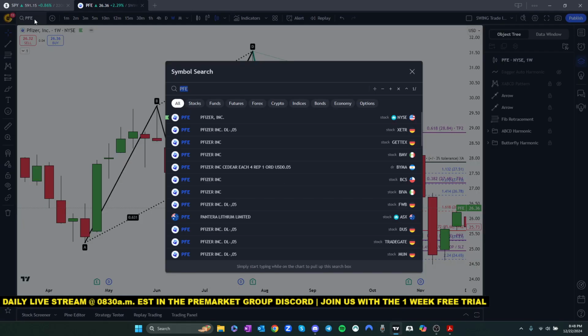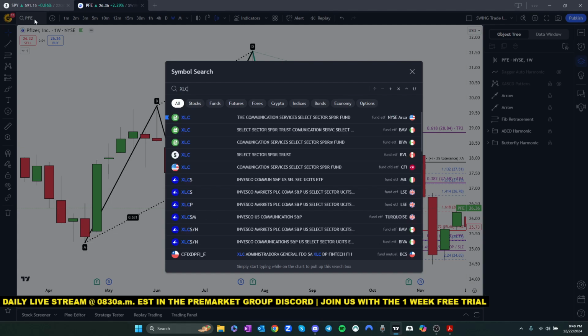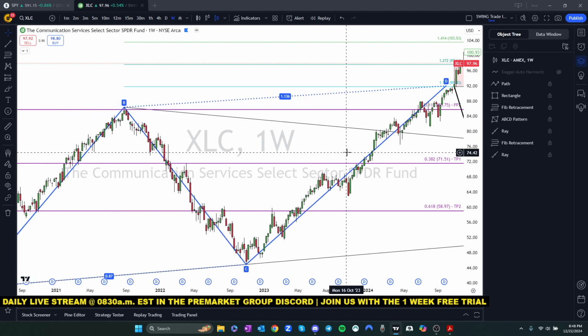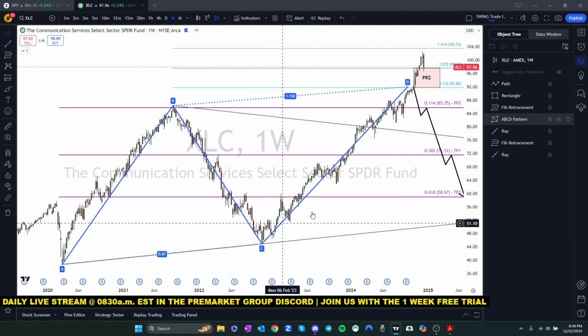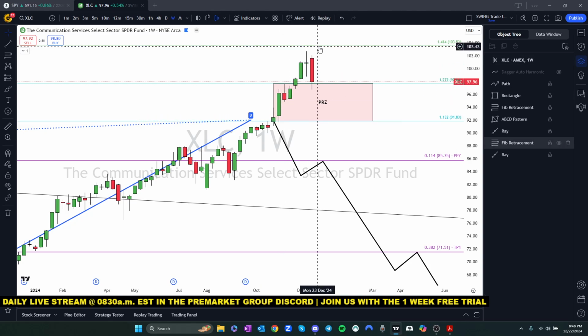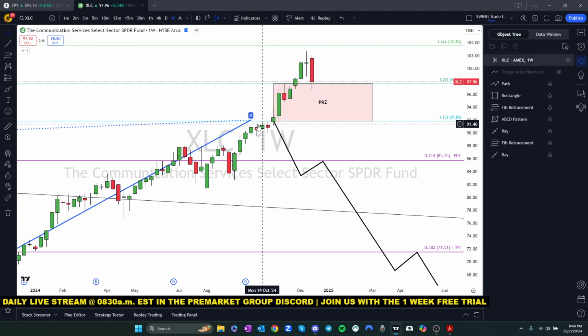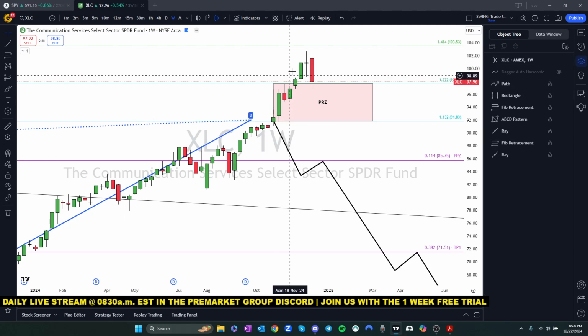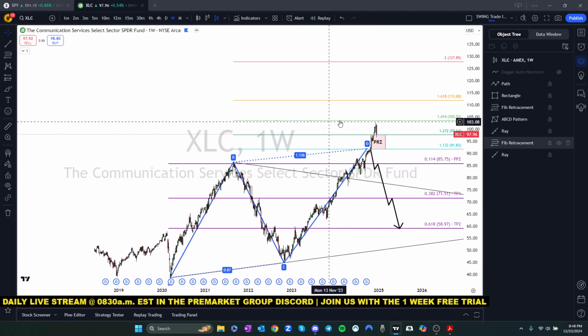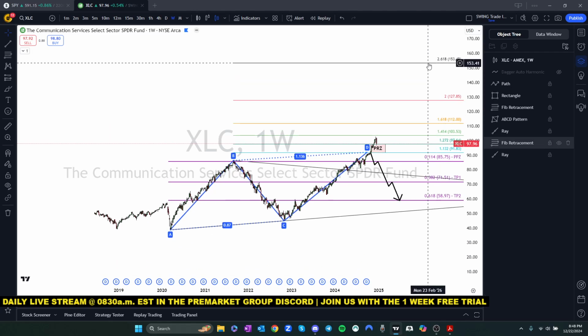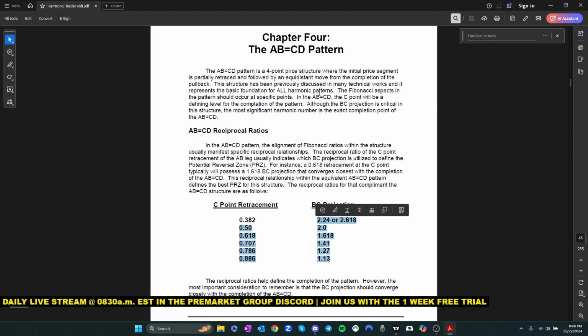And to show you an example of an unsuccessful retracement, we go back to XLC, which has clearly a 1132 projection for this ABCD pattern, and you can see clearly we've broken above it. So now that we've broken above this, we can assume we will continue higher, potentially all the way up to the 2.618 projection way up here. And that's why Scott is saying this B to C projection is critical and the most significant number in the structure of the pattern.